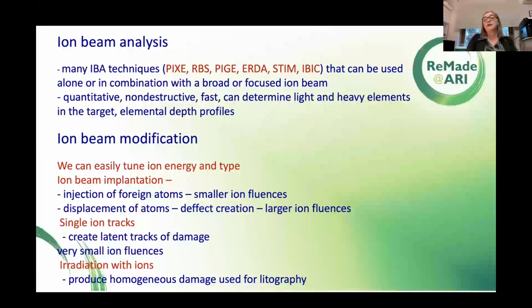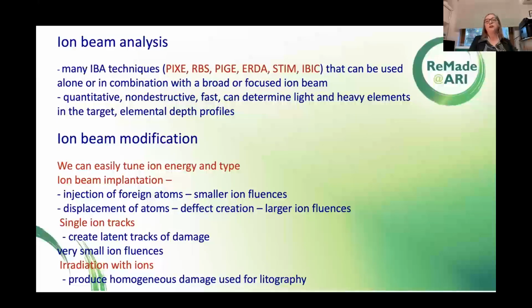Techniques are quantitative, we like to say non-destructive, although this is not completely true, but it's true in most cases. Relatively fast, we can determine all range of elements from hydrogen up, and we can give information about elemental depth profiles. And with ion beam modification, this is really a broad range.